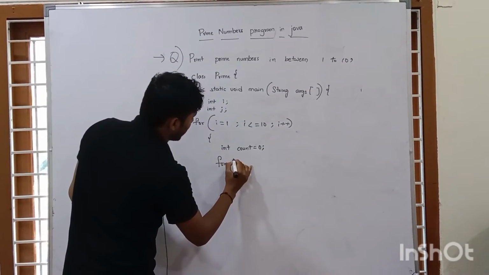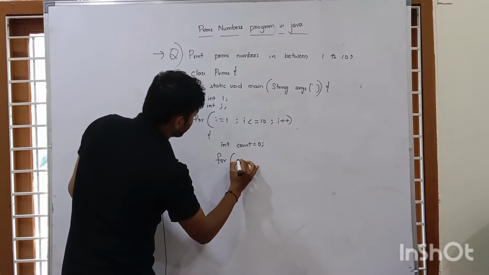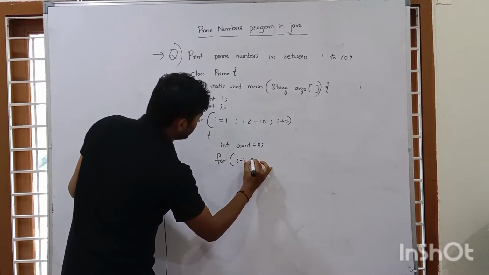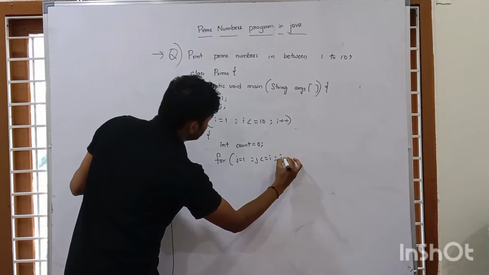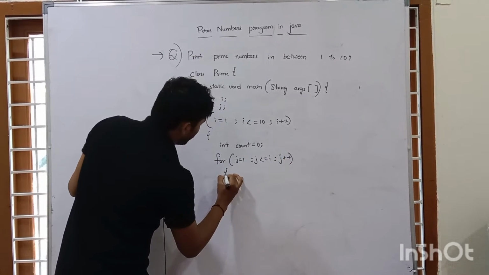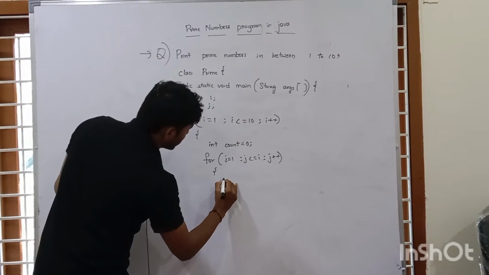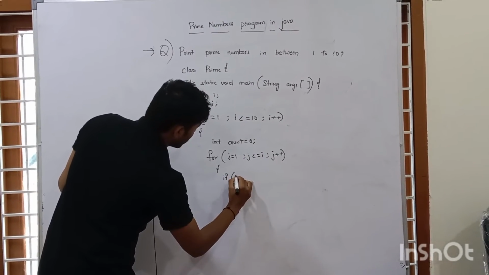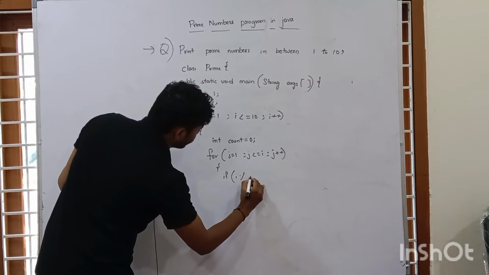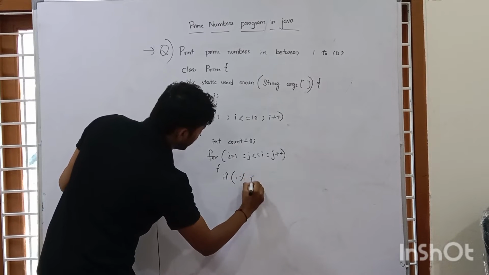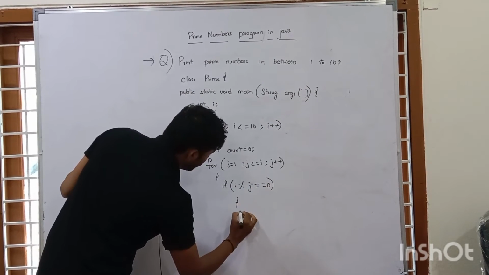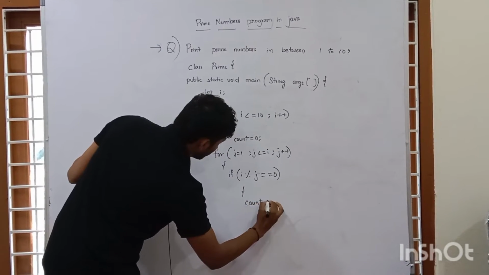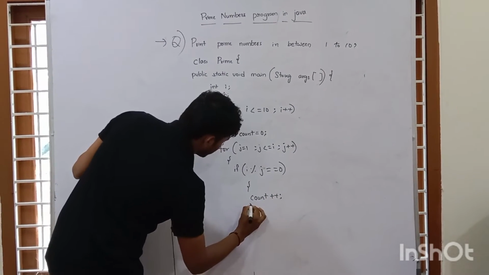Here I am approaching another for loop: for j equal to 1, j less than or equal to i, and then j plus plus. Now here the condition is if i percent j, the remainder should be equal to 0, then only the count will be incremented.